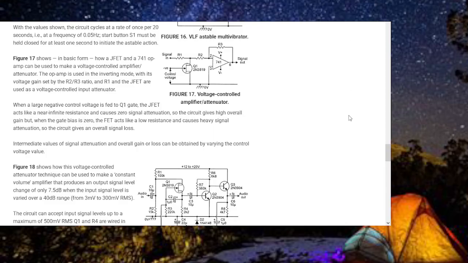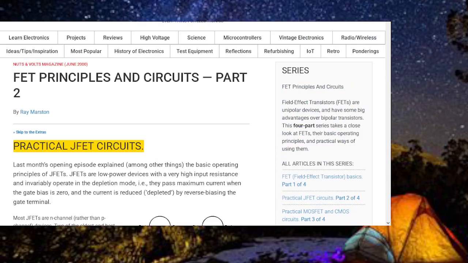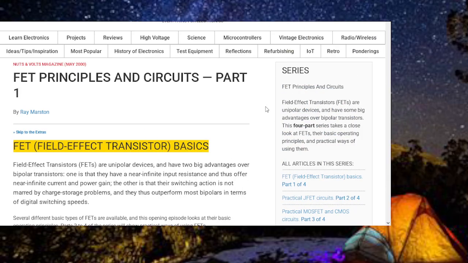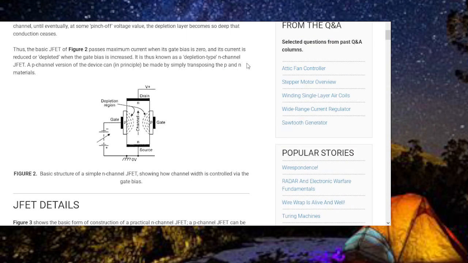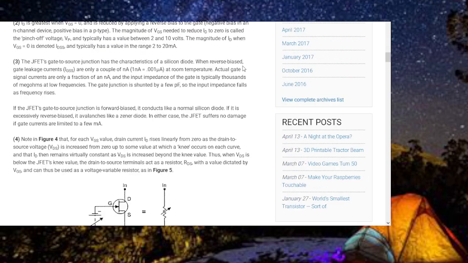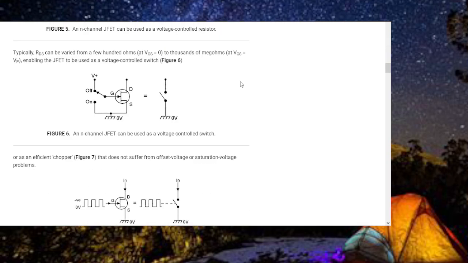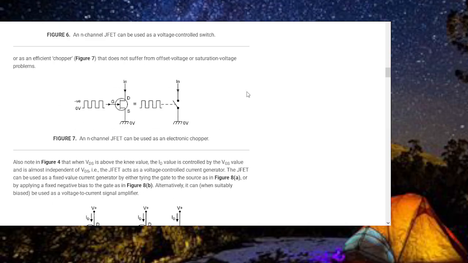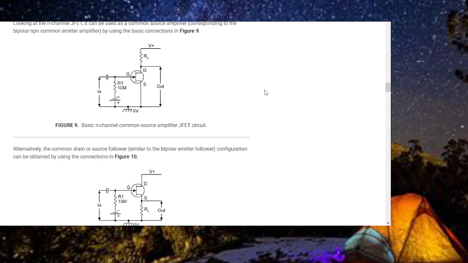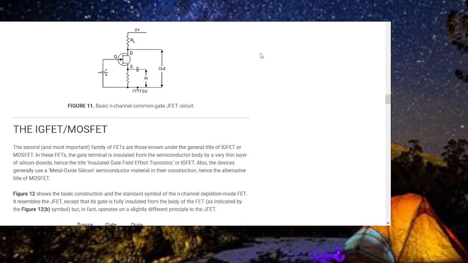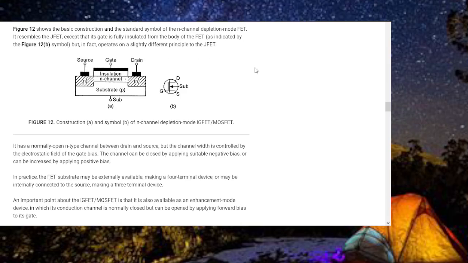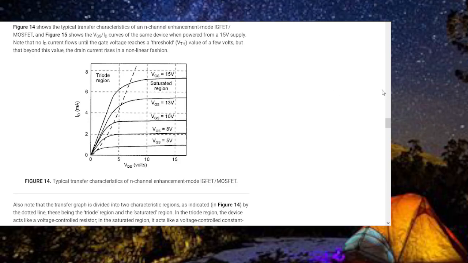Oh, it's the same page. Okay, Part 1. Yeah, this is your biasing stuff, your AC stuff. Basic amplifier stuff. See, they have a 10 megohm resistor there. I don't really know what that's all about.